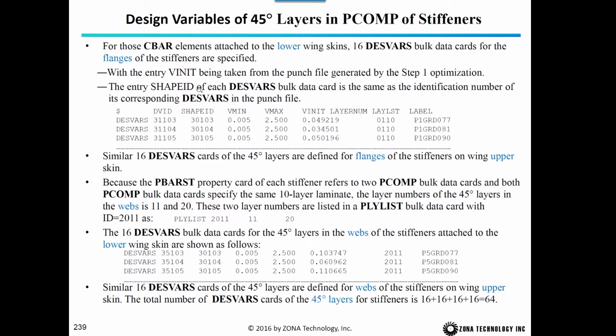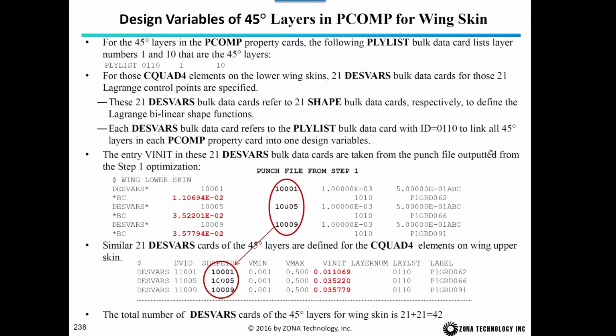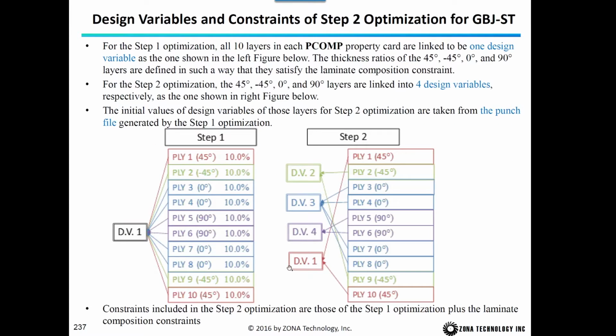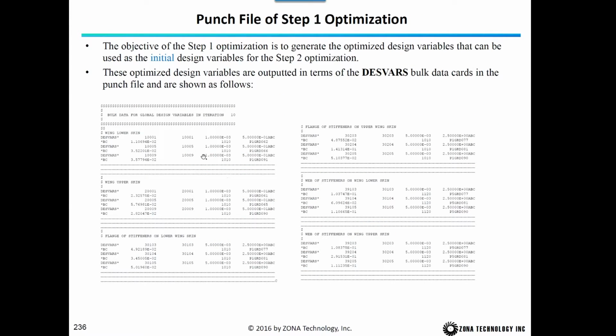The SHAPE card of each DESVAR is the same as the ID of the corresponding DESVAR in the punch file. So this is 77, 81, 90, and this is a stiffener on the wing lower skin. So we go to the punch file, the flange of the stiffener on the wing lower skin.